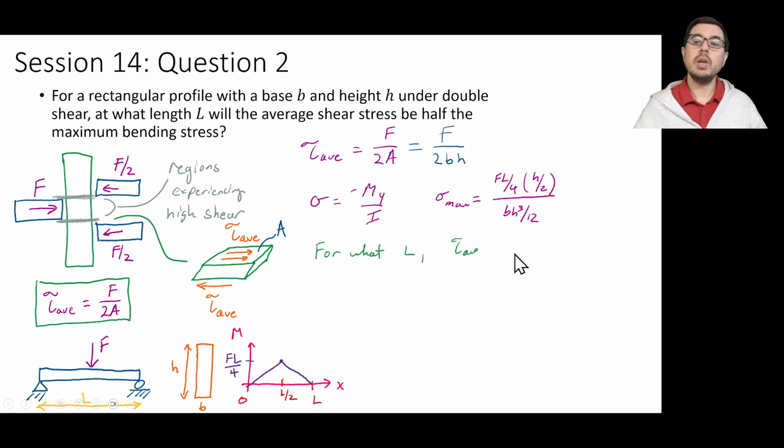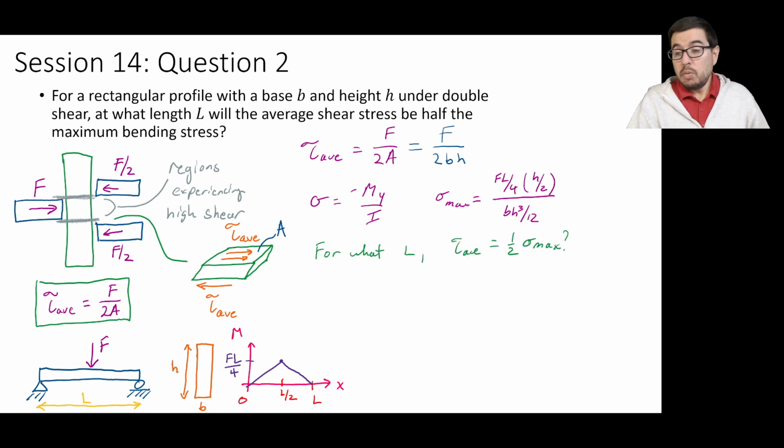And the question is, for what length L can we have the condition met where the average shear stress is equal to half of the maximum bending stress? Similar to question 1, if the length is less than this quantity that we'll figure out, then the shear stress will dominate.